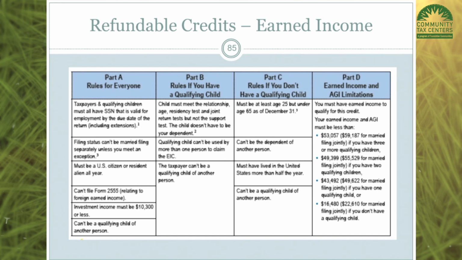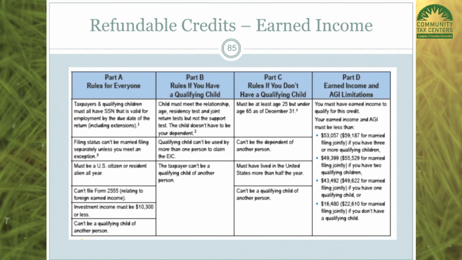They cannot file Form 2555 related to foreign earned income. Their investment income, so this is those interest, dividends, that 1099-B, that income must be $10,300 or less. If it exceeds that amount, they are disqualified for the earned income credit, and they cannot be a qualifying child of another person. So those are the rules for everyone.